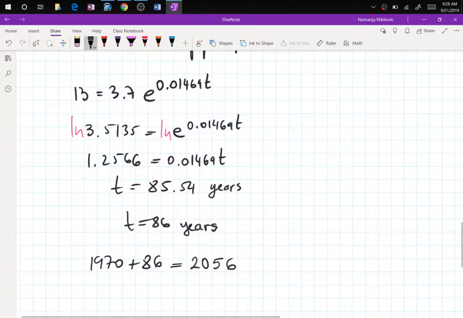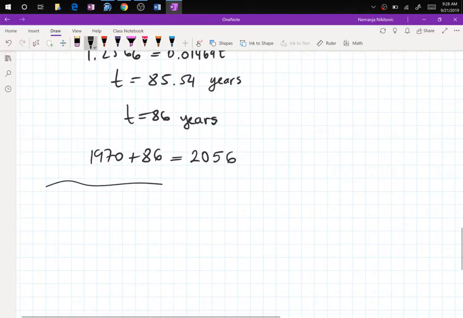We can use more calculus now and figure out how many people we are adding to the planet each year. And that's done by the derivative. If you find the derivative of the exponential model, it will calculate the instantaneous change for the year that you plug in.